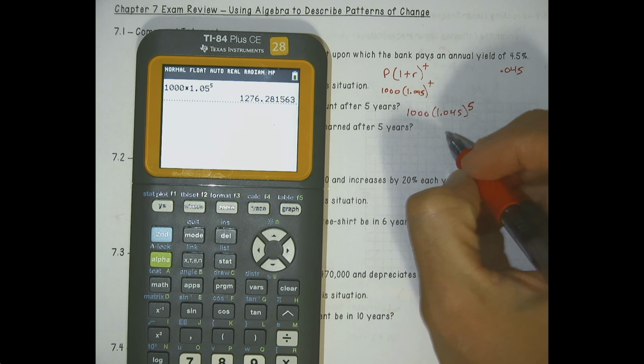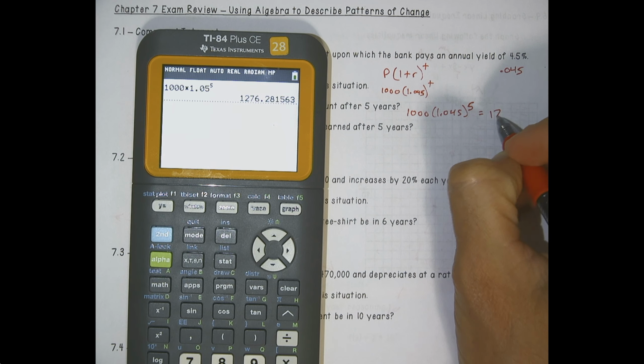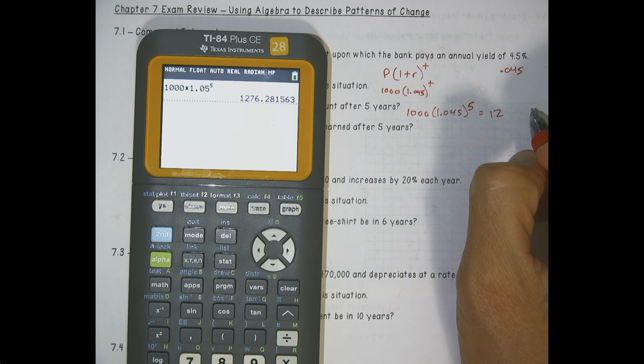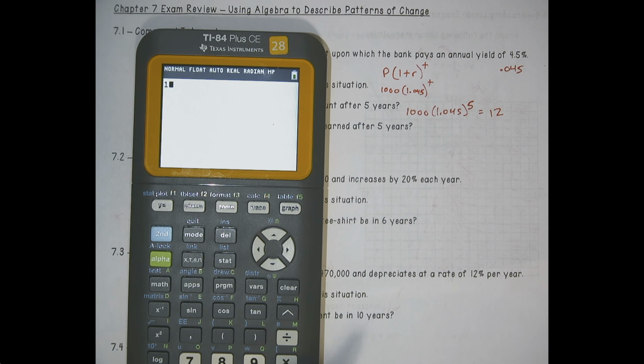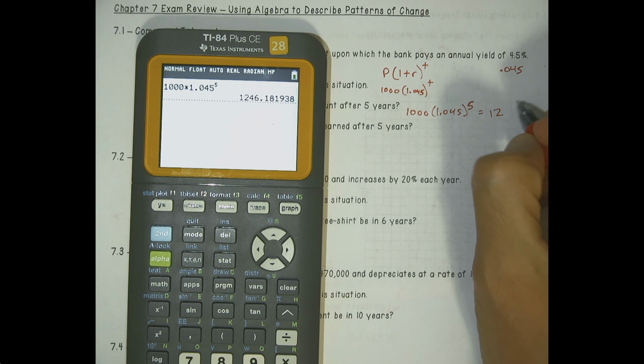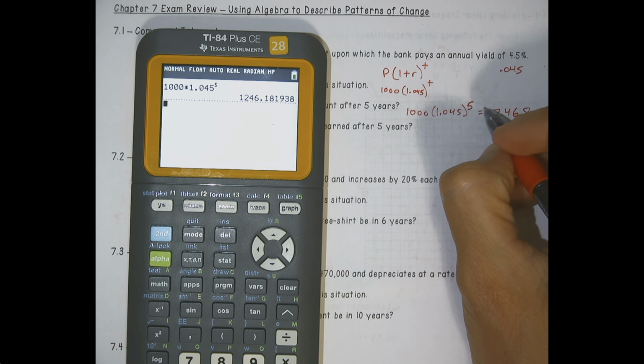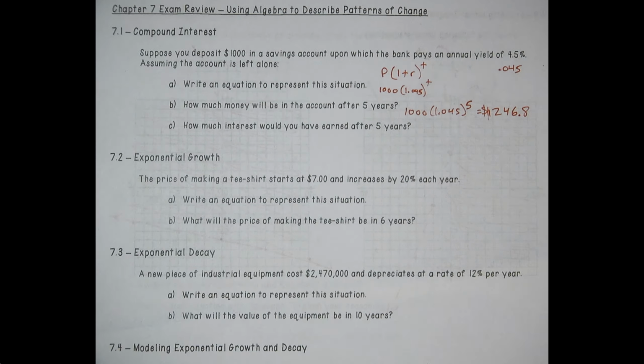Oops, I did not put the right equation in there. So it is 1,000 times 1.045. I missed the 4. Raised to the 5th. We're talking money here, so we'll go to 18 cents. So that's how much money is in the account.